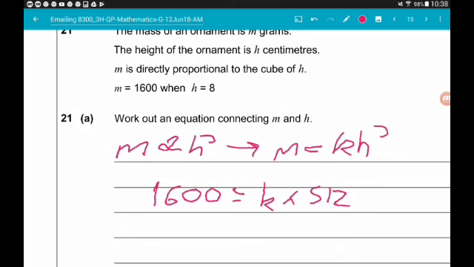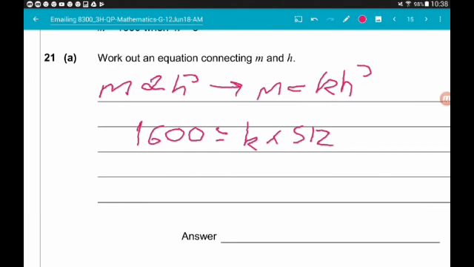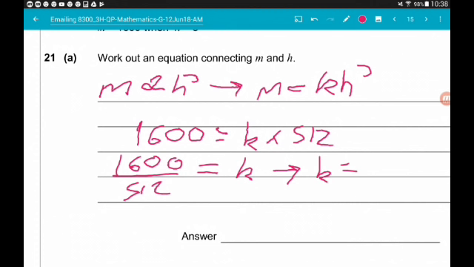To move the 512 we need to divide it away. So we get 1600 divided by 512 is equal to k. Stick that in your calculators and we get k is equal to 3.125.